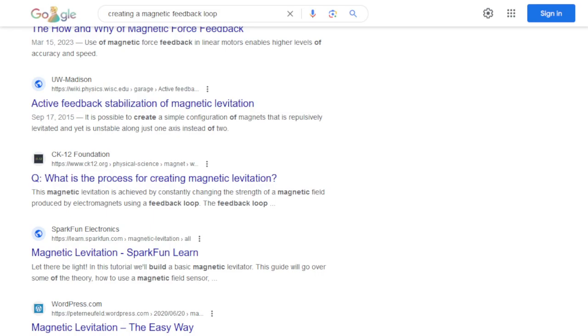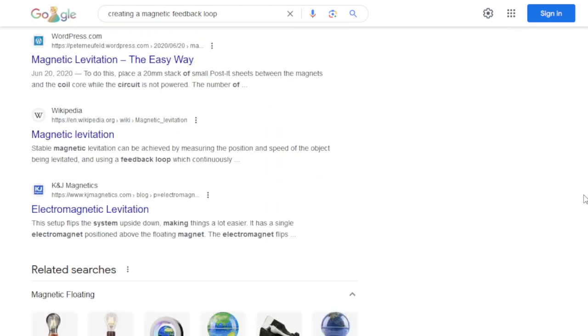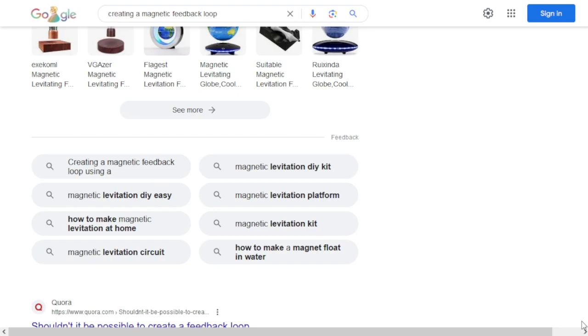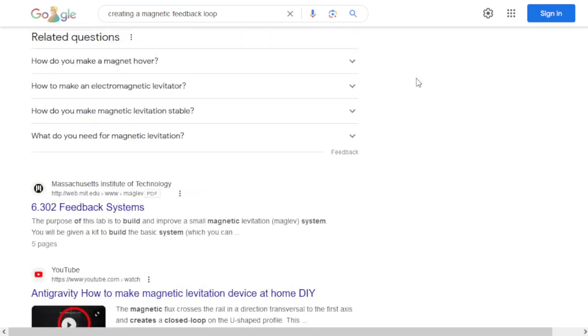Avoid feedback stabilization. Yeah, see, they're just talking about using magnets, and that's not what we're looking for. That's why it's not in there. This is a difficult thing.